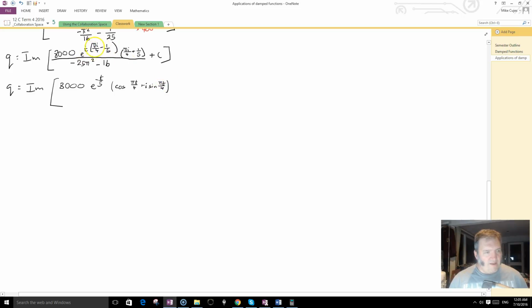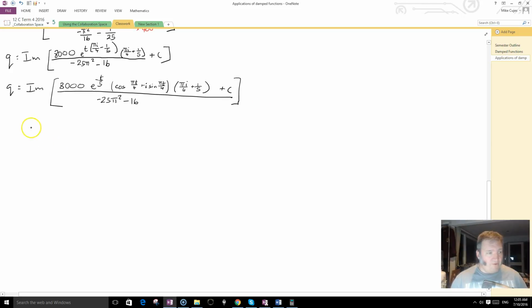So we're just taking that e to the pi t over 4 i, reversed Euler's form from before, and then I've still got this little bracket here as well, don't I? Pi i over 4 plus 1/5. I've got a plus c at the end, and this is all over negative 25 pi squared take 16.